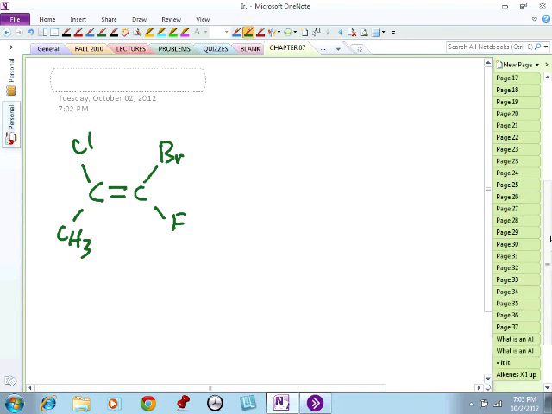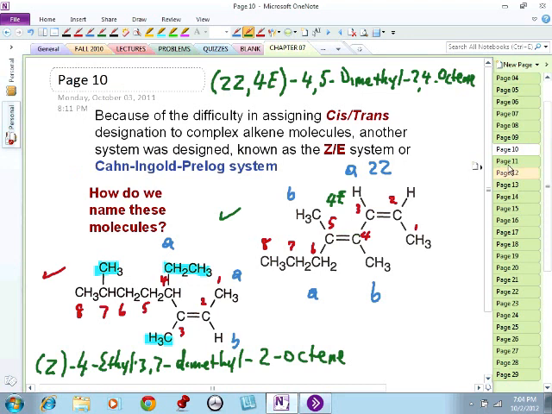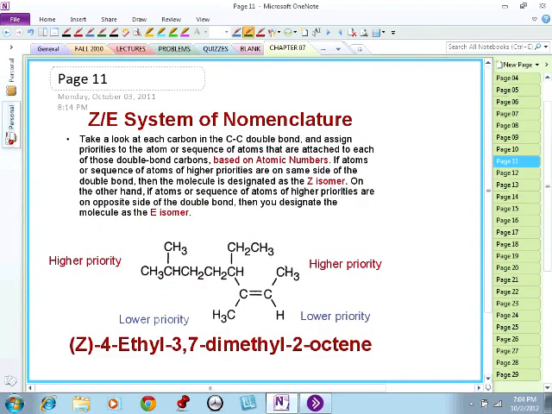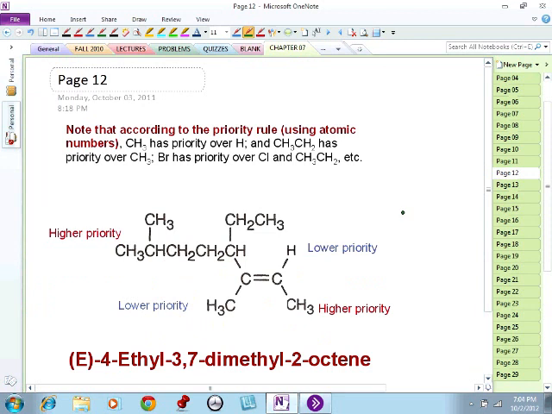Okay, so let us go back. Okay, we finished this, right? This is the one we just did. If you look at this, this is our octane, 3,7-dimethyl, 4-ethyl, so we did that already. This will be the E isomer.